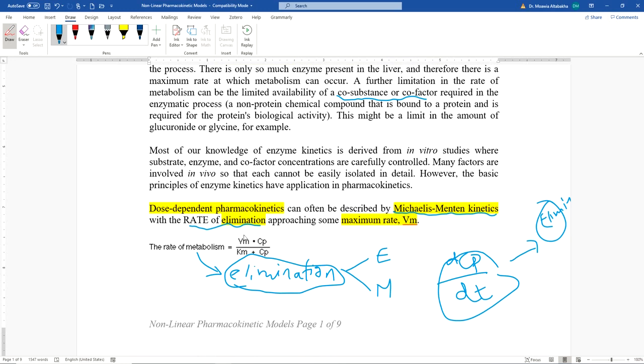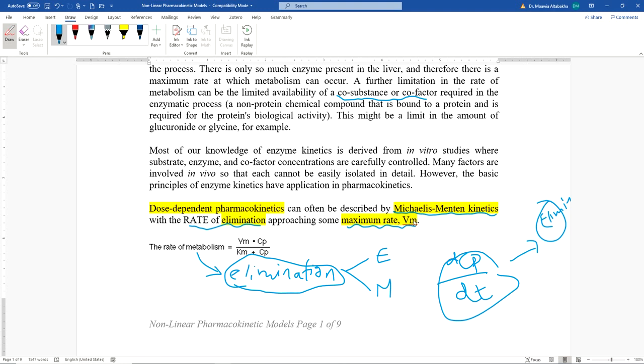Okay, let's talk about these new parameters. Vm represents the maximum rate of metabolism. For example, I can say that the maximum rate of metabolism that can be reached, and it becomes zero order after that. Let's say 700 milligram per day, or 500 milligram per day, or 600 milligram per day. That is the maximum elimination rate possible.